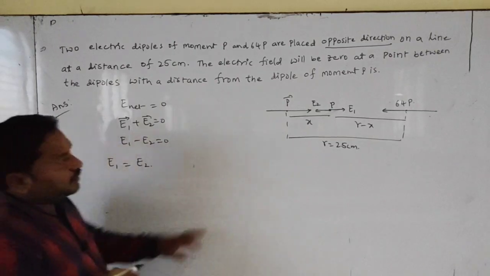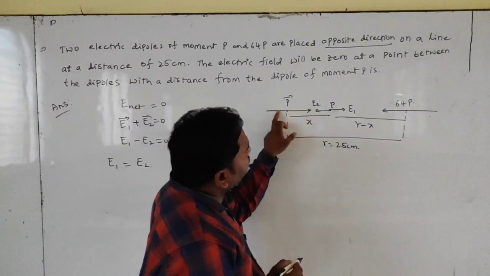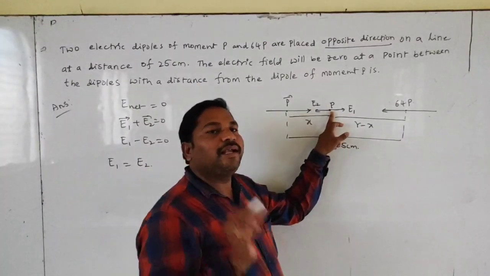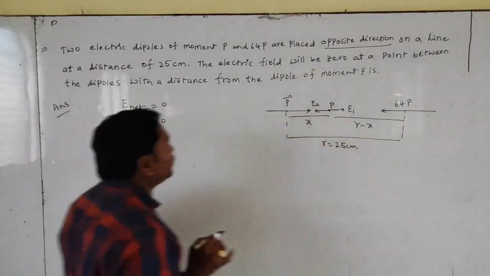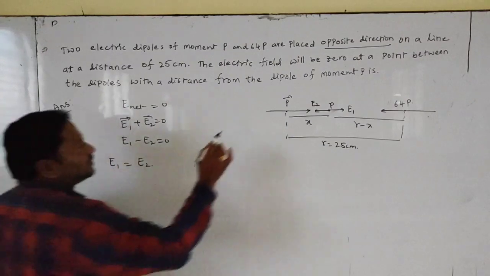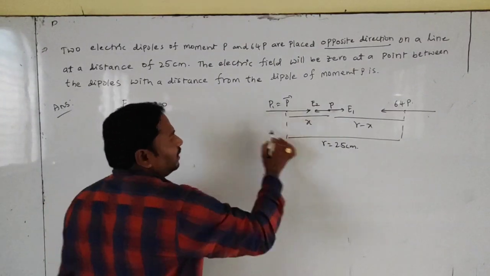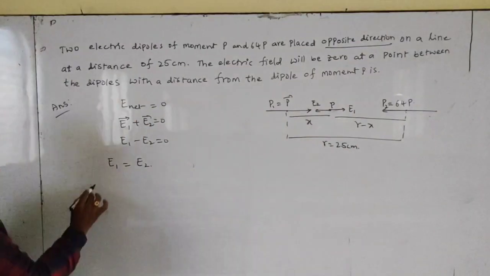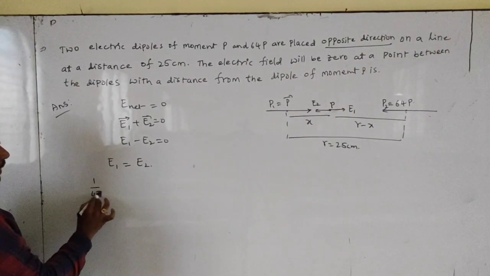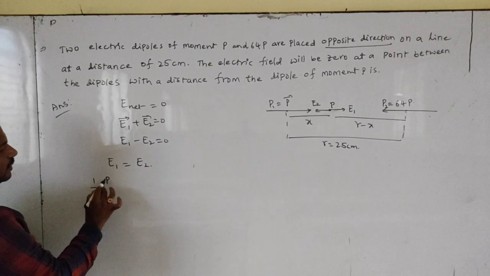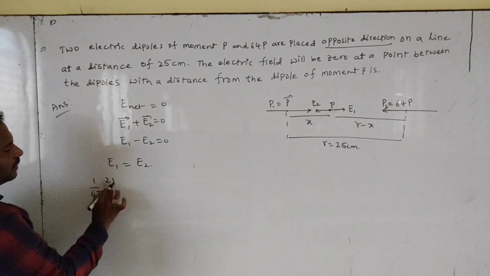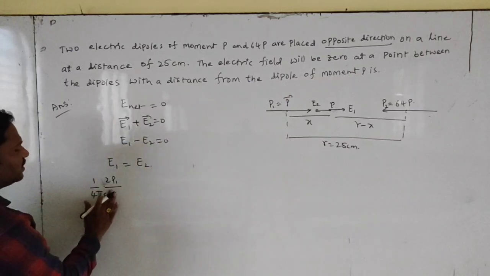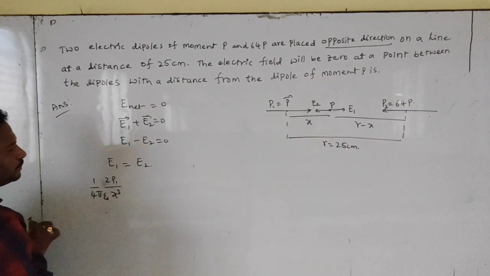Now for this dipole, is this point axial or equatorial? It is axial. So let's say first it is P1, and this is P2. Now 1 by 4 pi epsilon naught, 2P1 by r cube. What is the distance here? x cube.